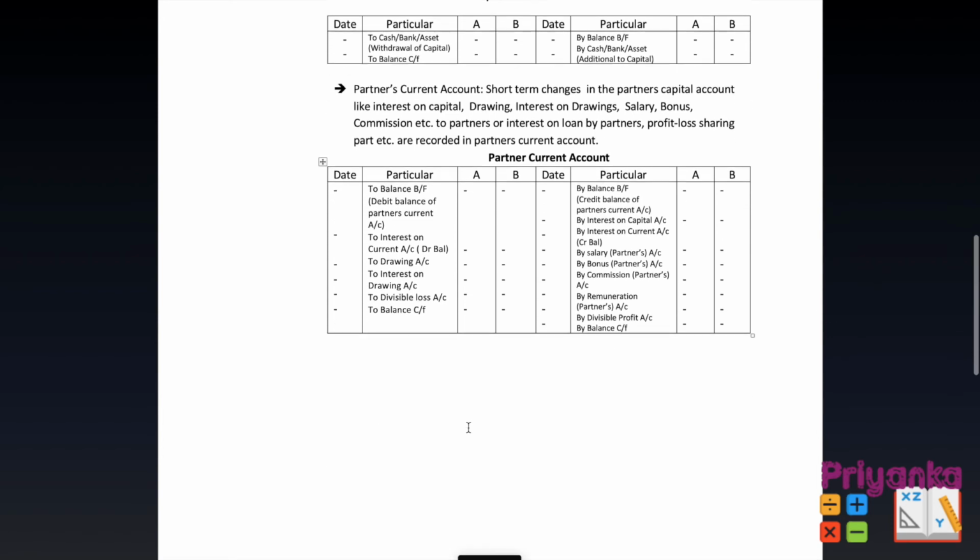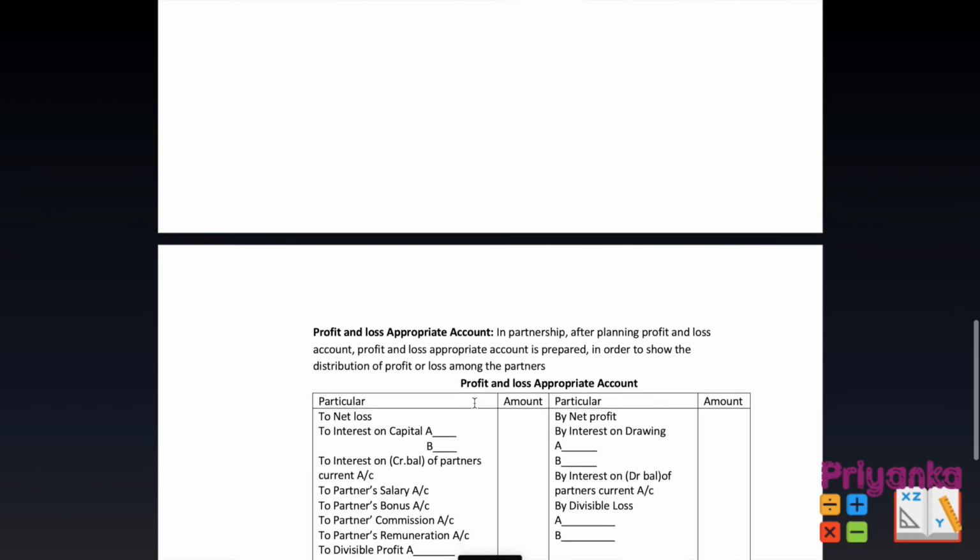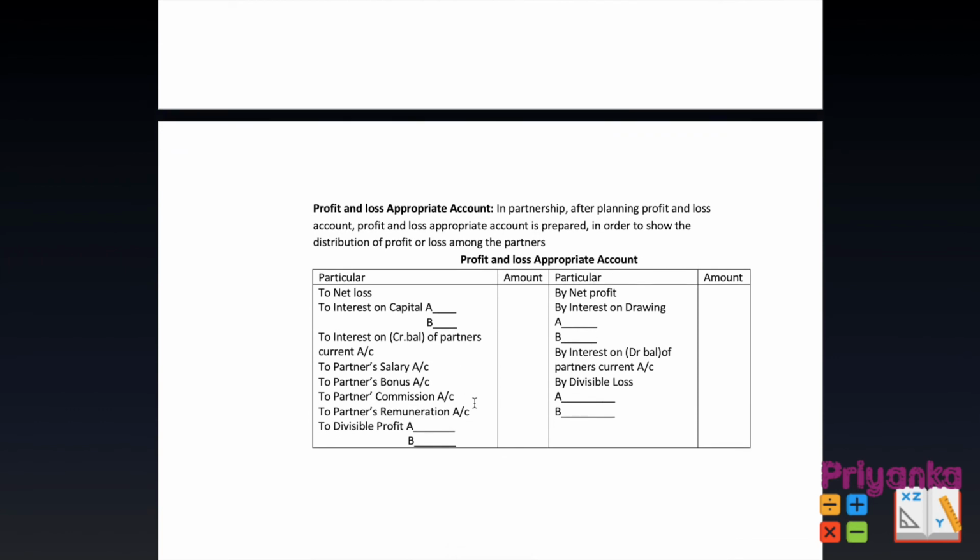Now the last step to understand in this chapter is the profit and loss appropriation account. This account is a part of the profit and loss account. In partnership, after preparing the profit and loss account, the profit and loss appropriation account is prepared in order to show the distribution of profit or loss among the partners.